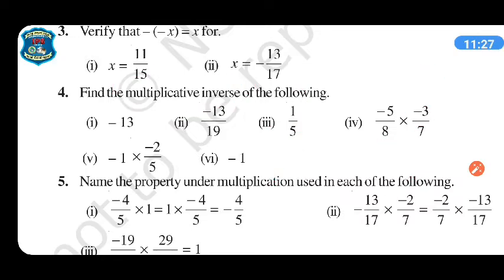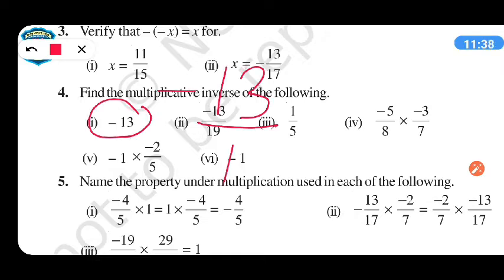So, you have to write the reciprocal of each of the following. The first number is minus 13. Actually, it is minus 13 upon 1. Then the reciprocal will be what? 1 upon minus 13. This is the multiplicative inverse of minus 13.